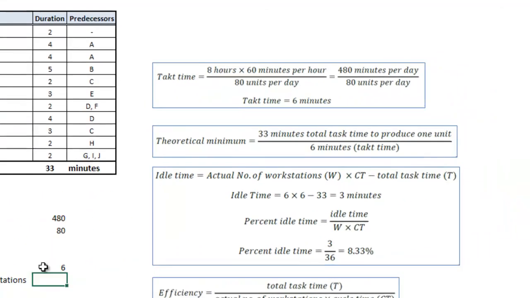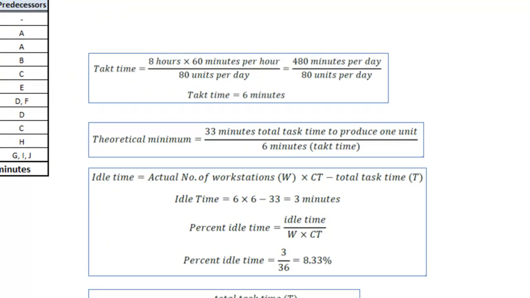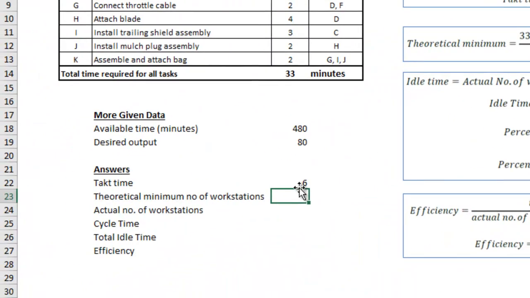Now the theoretical minimum number of workstations is derived by taking the total time to complete one unit, which is 33 minutes, divided by the takt time. And so if we do this, 33 minutes total time required for 1 unit divided by the takt time of 6 minutes, we get 5.5.